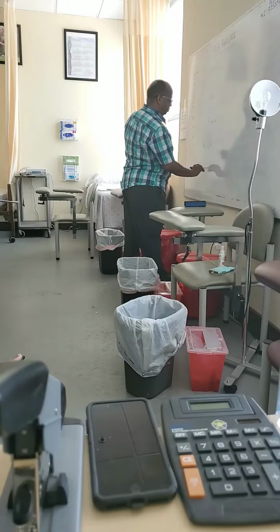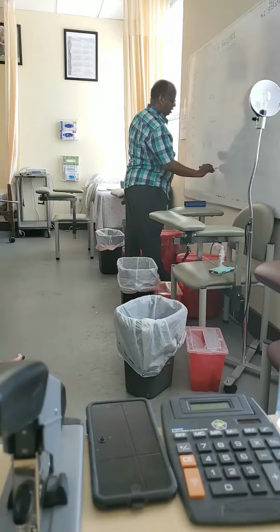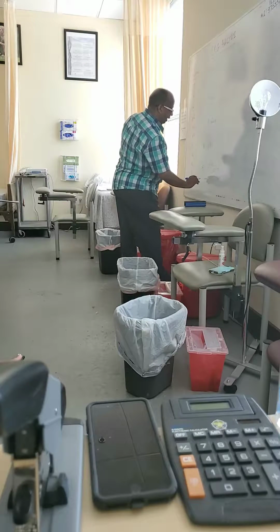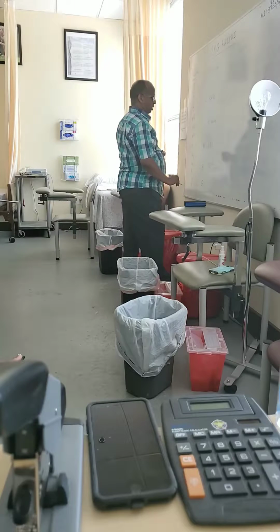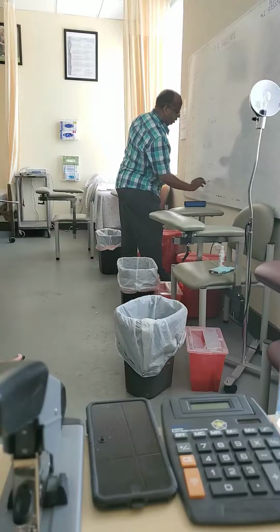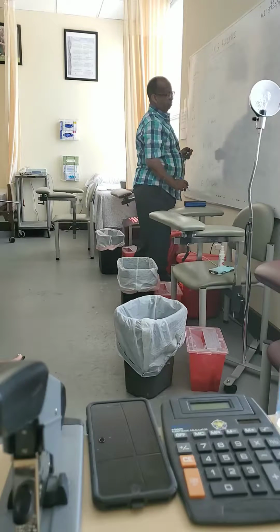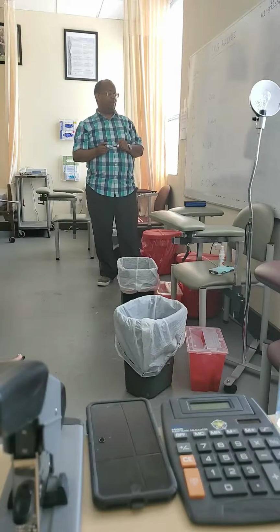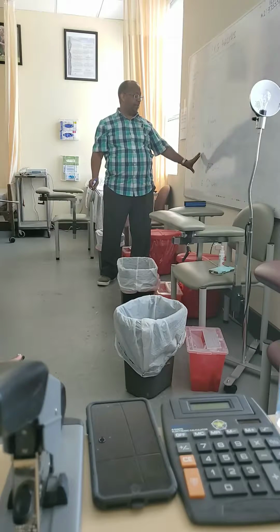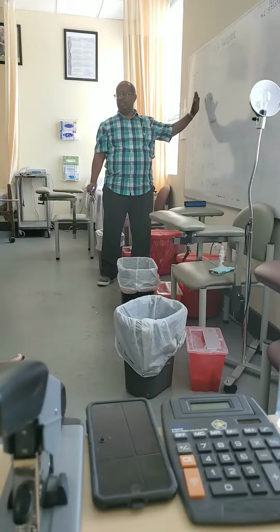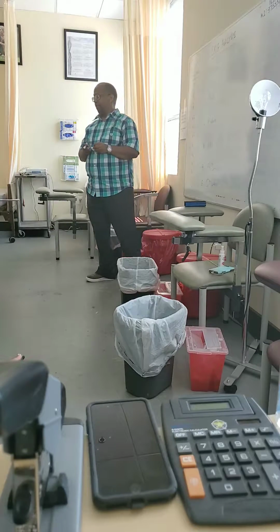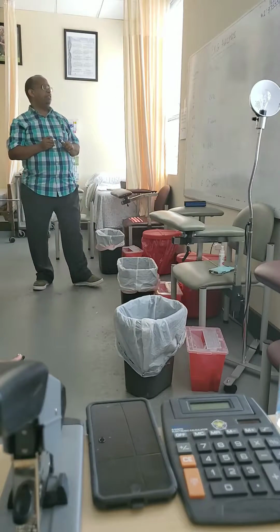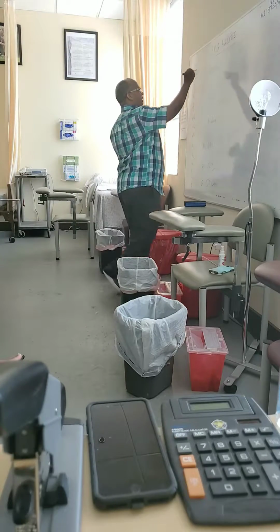Five is PR interval. And six is QT interval. From one to five are very important, and the QT interval too. These are what we call the steps of EKG analysis. These are the steps, okay?